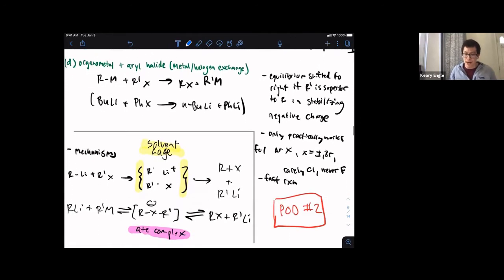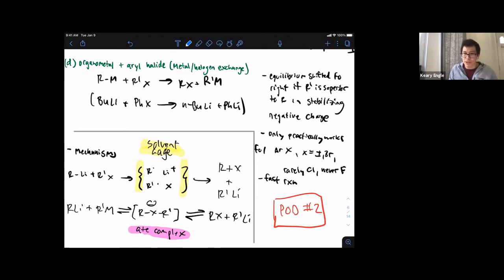We then talked about metal-halogen exchange reactions, which are powerful ways of generating typically aryl organometallic species. And so this chemistry also is probably familiar.